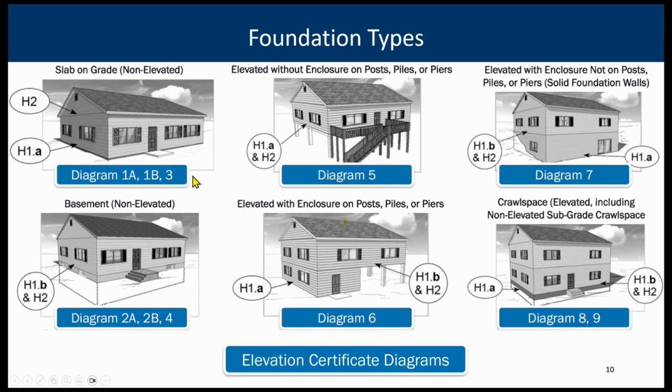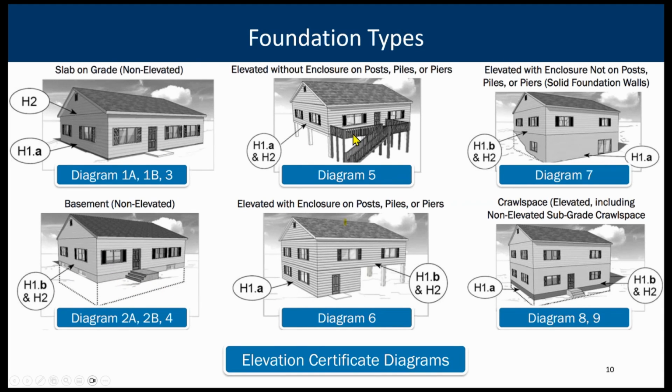They are doing some clumping for insurance purposes of these foundation types that are in the elevation certificate. In the instructions part of the elevation certificate, you have all these different building diagrams. For insurance purposes, they clump slab on grade and one of the split level types together. They've got the basement type buildings together.